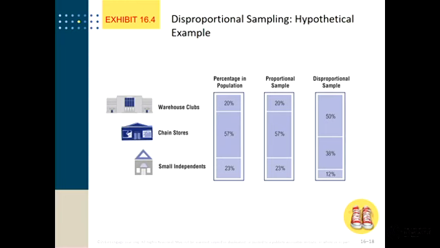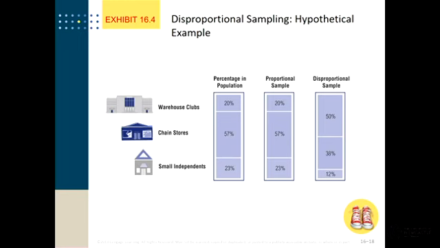However, if you pick your samples in such a way that this ratio is not maintained, for example, warehouse clubs are 50%, chain stores 38%, and small independents 12%, then it is disproportional stratified sampling. Can you tell me now what may be the reasons we may go for disproportional stratified sampling, although it does not represent the population in the absolute sense?